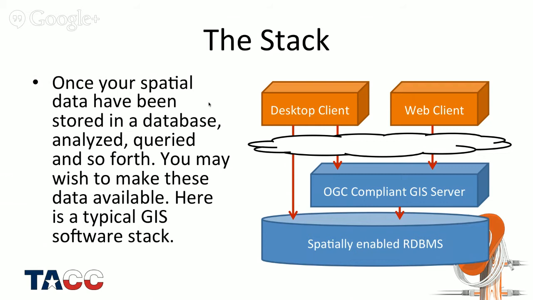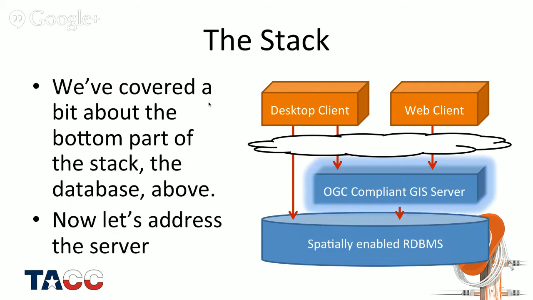So OGC compliant means it understands standard GIS data as defined by this global organization. And you can have web or desktop clients that may interact either directly with the database or through this GIS server layer. And the GIS server layer may do a couple of different things.